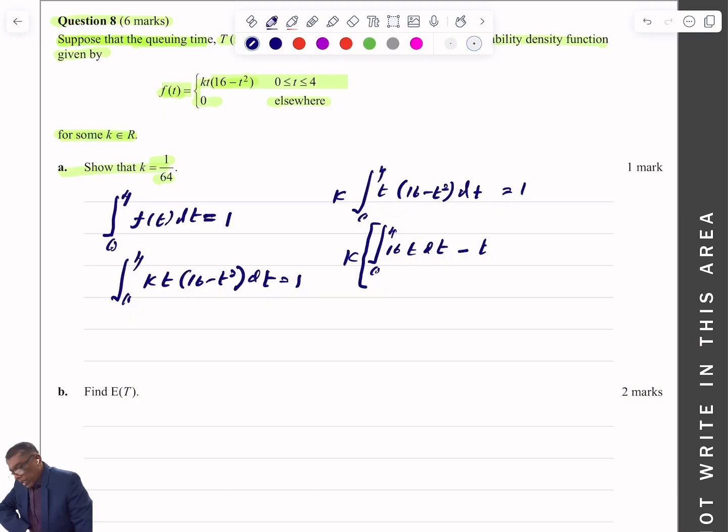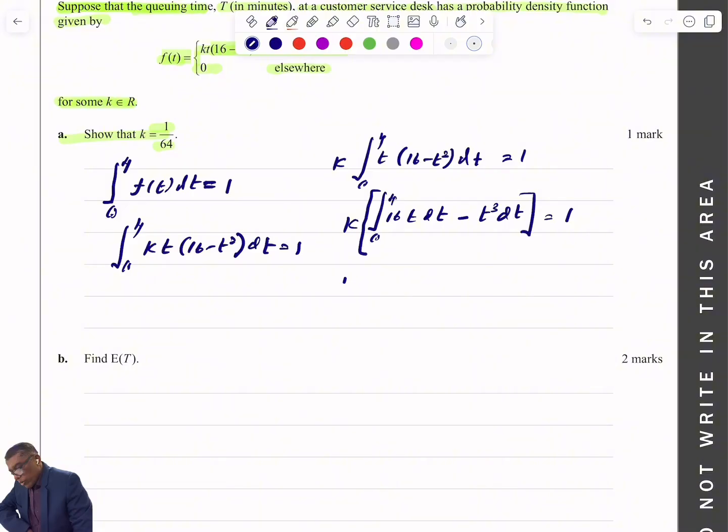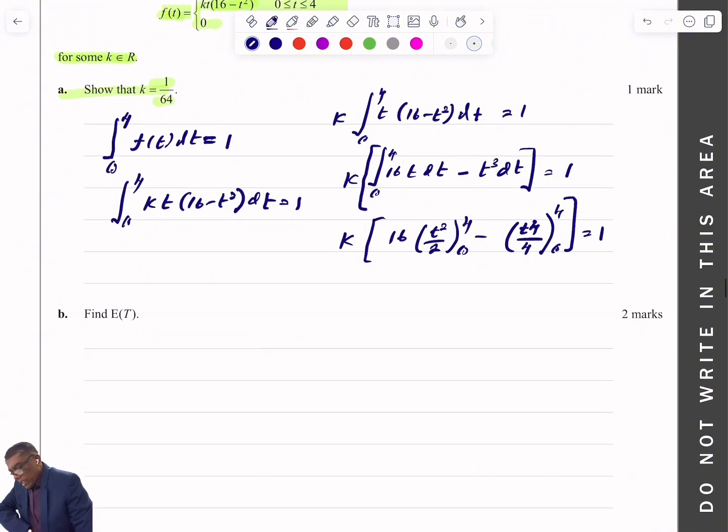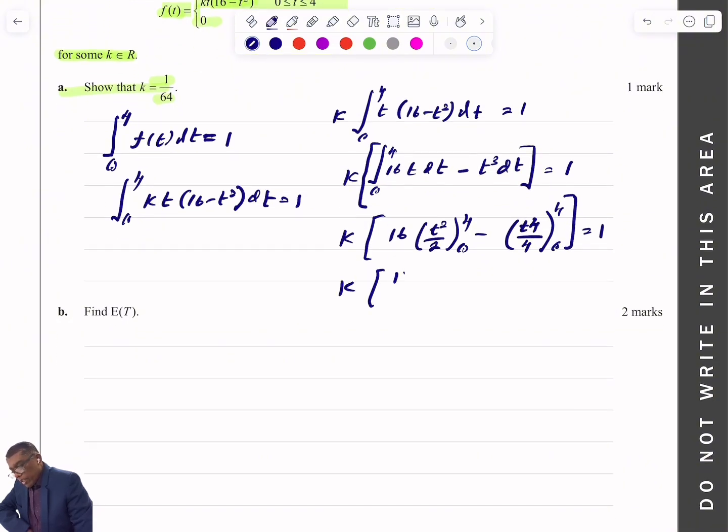Now k times 16 t square on 2, 0 to 4, minus t to the power of 4 on 4, 0 to 4, is equal to 1. Substituting the upper limit, 16 times 16 over 2 minus 16 times 16 over 4 is equal to 1.